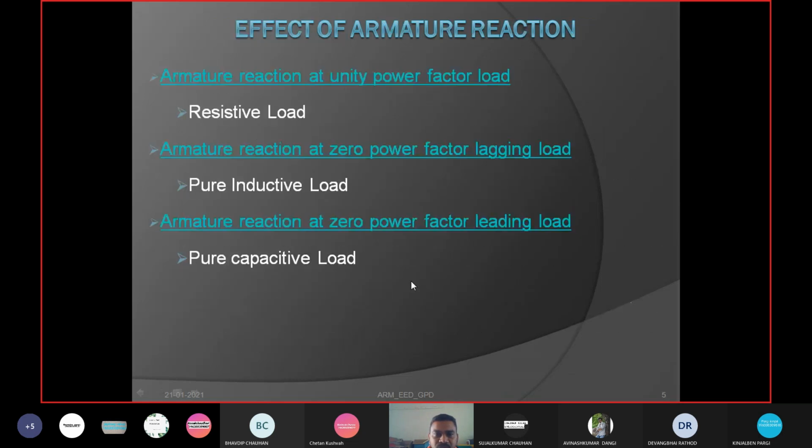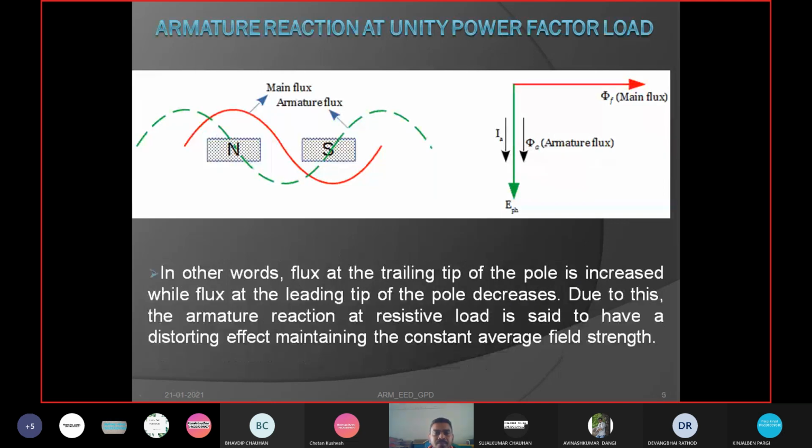So in this effect, on the trailing pole tips the flux is increased, while at the leading pole tips the flux reduces. Due to this, the armature reaction for resistive load is said to have a distorting effect, maintaining constant average field strength. This is the effect of armature reaction: the distorting effect.